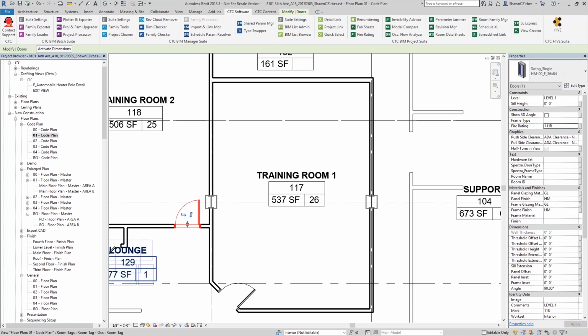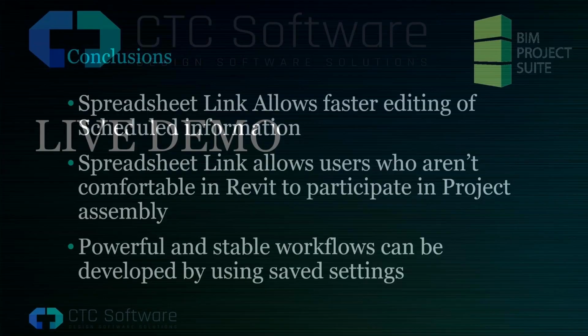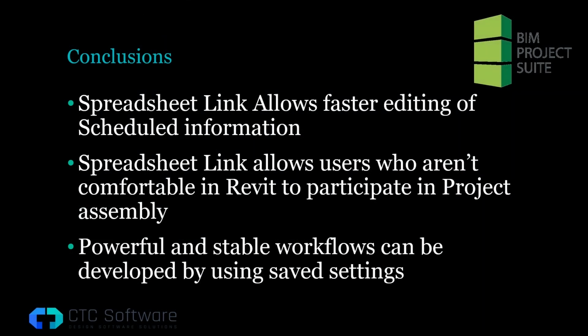So with that, I'm going to jump back over to my PowerPoint here for a minute and just talk about a couple of quick conclusions that I've come up with about the use of Spreadsheet Link. Spreadsheet Link does allow faster editing of schedule information. We just mentioned that. It allows users who really don't feel comfortable in Revit to participate still in your project assembly and your project data manipulation by you giving them an Excel file, saving it out for them to work with.